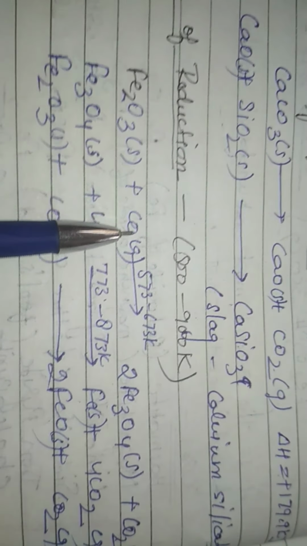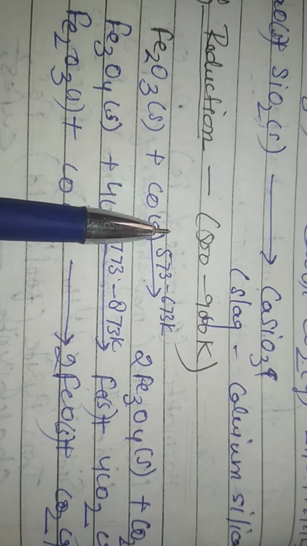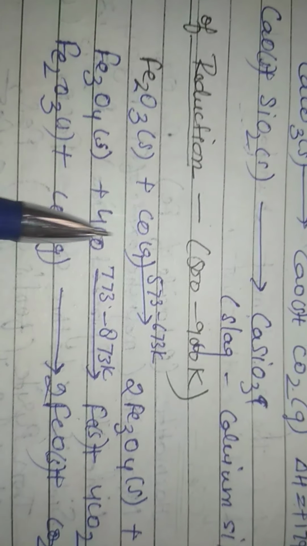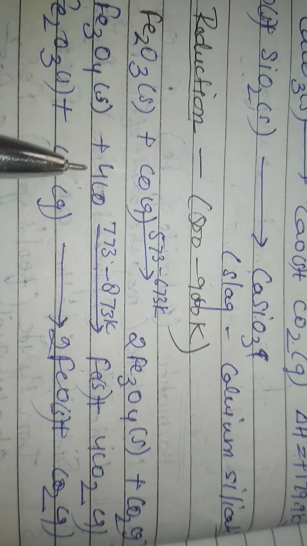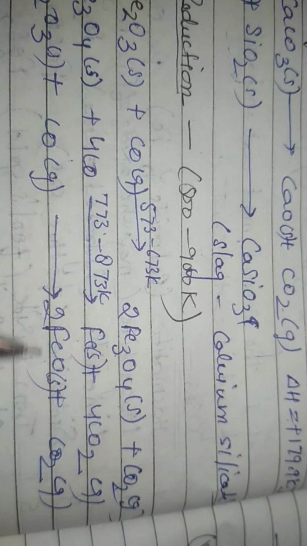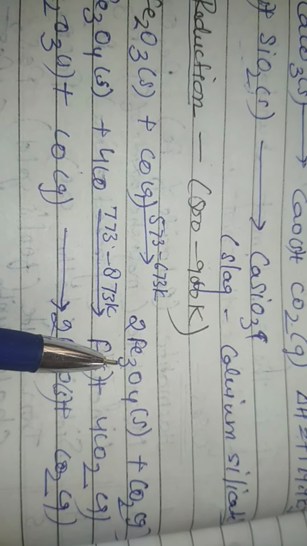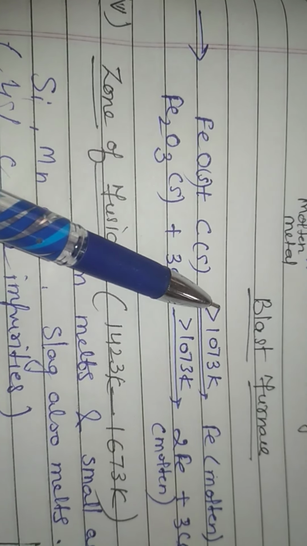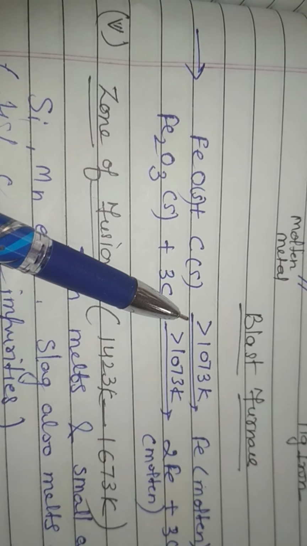Now, as we have discussed in the theory of reduction, above 1073 Kelvin the carbon would be the reducing agent, and below this temperature carbon monoxide would be the reducing agent. So now the formed FeO, and some amount of Fe2O3 and Fe3O4, would also get reduced with carbon at greater than 1073 Kelvin temperature.